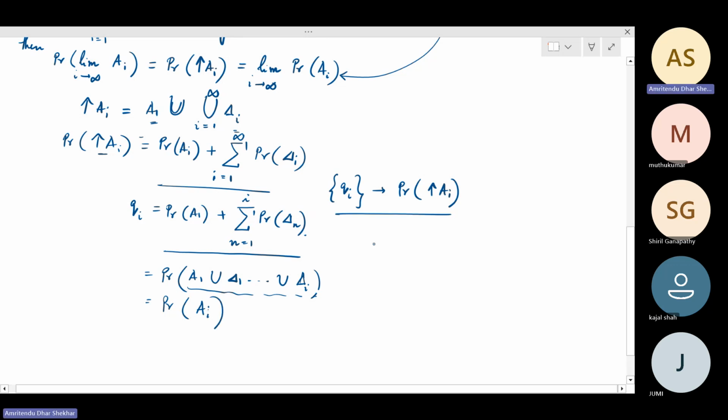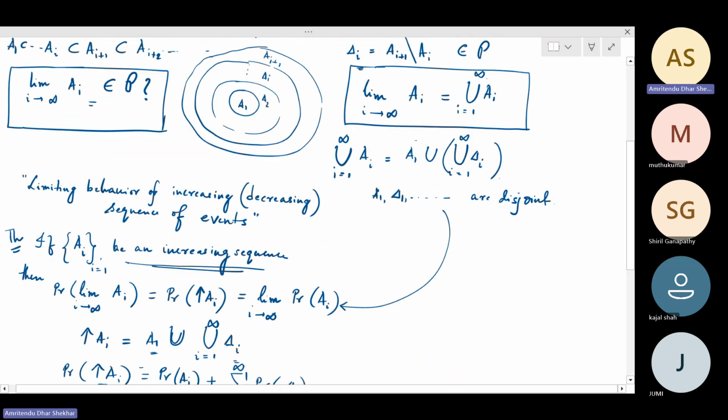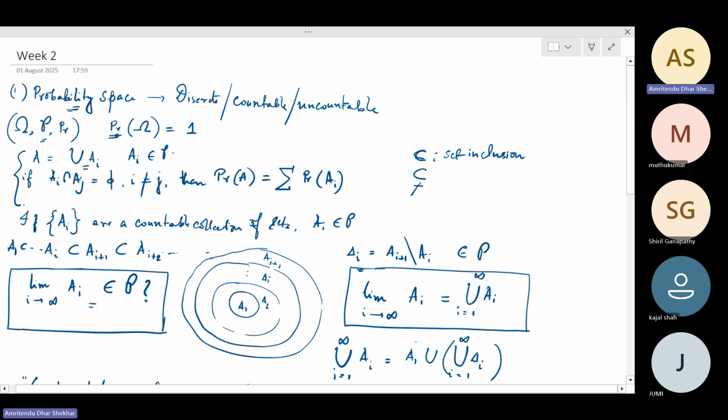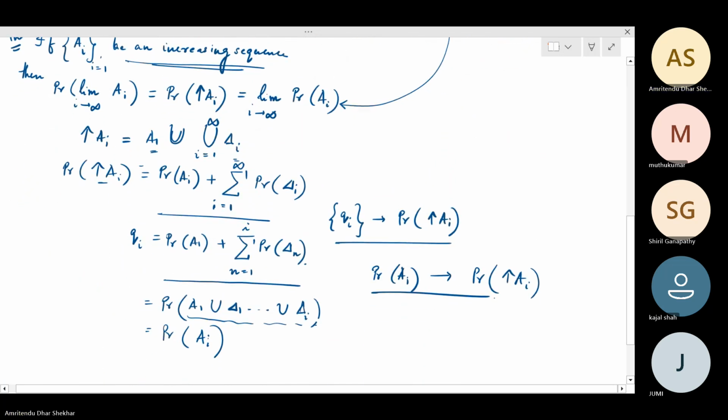So effectively, what you get is that the probabilities of A_i tend towards the probability of the union. So this is a very important result that you have to remember. Again, if you're dealing with finite probability spaces, then these results are trivial; they follow automatically. It's when the underlying measure space is not finite that a lot of these things become important.